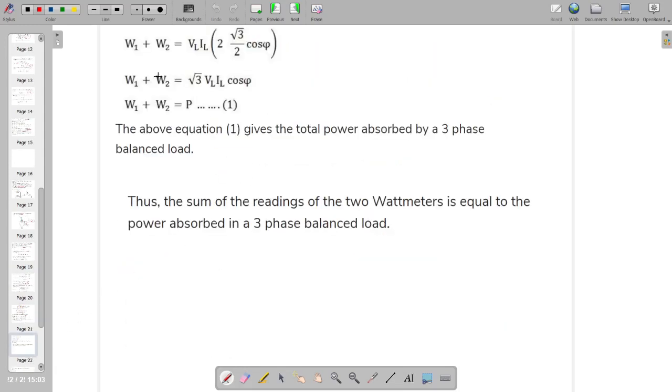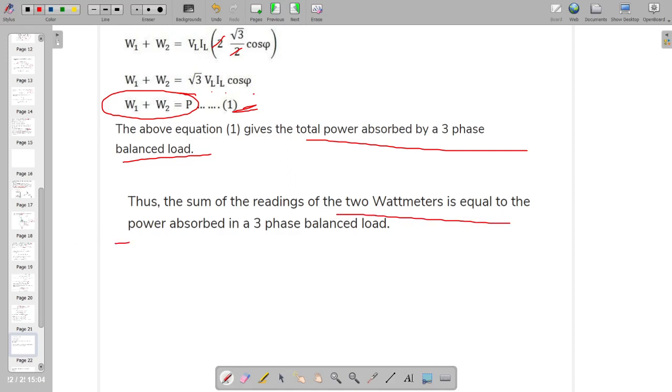So W1 plus W2 is equal to VL IL into 2 cos 30 degrees and cos phi, that is VL IL into 2 into cos 30, which is root 3 by 2, into cos phi. So this 2 cancels out. W1 plus W2 is equal to root 3 into VL IL cos phi. So this is the power, which I am numbering as equation 1. The above equation 1 gives the total power consumed by the three-phase balanced load. Thus, the sum of the readings of the two wattmeters is equal to the power consumed by the three-phase balanced load.